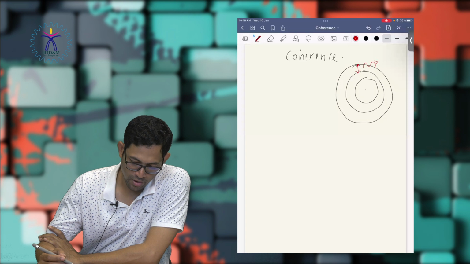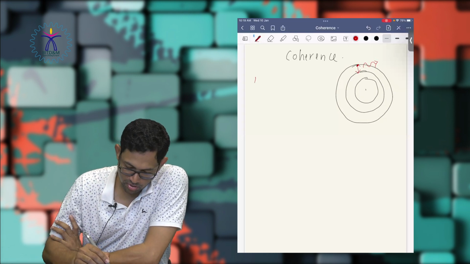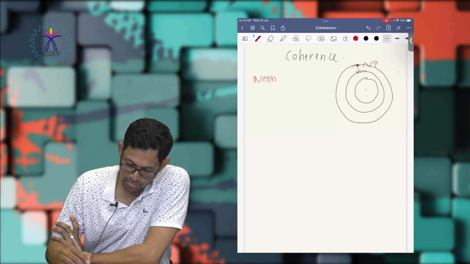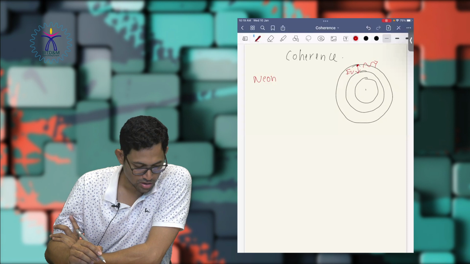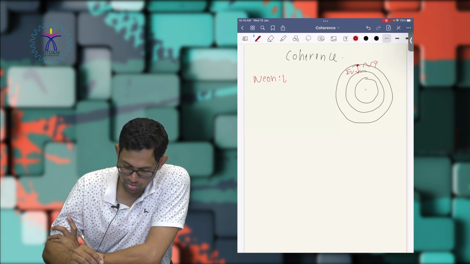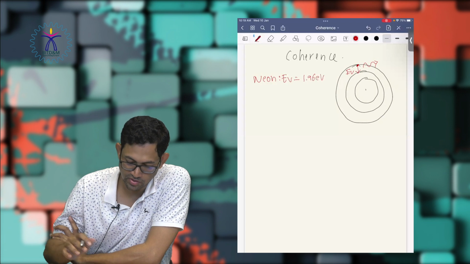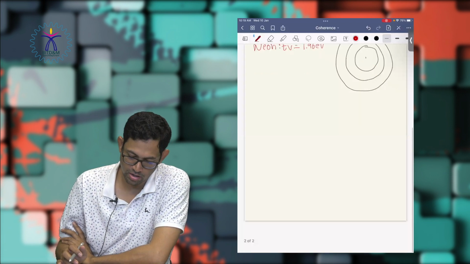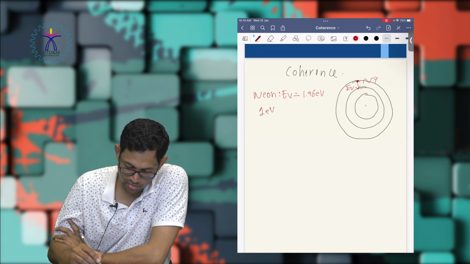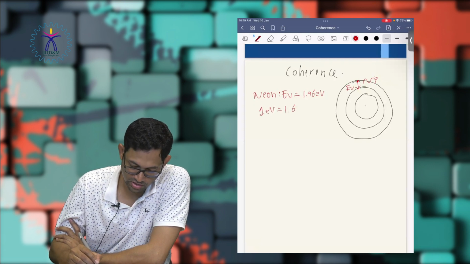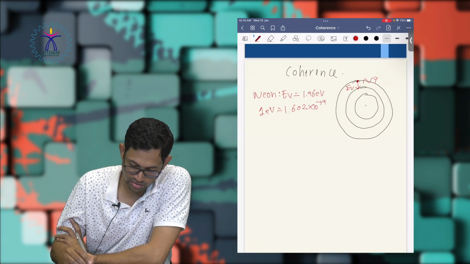Now for example, take neon. The band gap energy that the electron jumps is about 1.96 eV. And 1 eV is around 1.602 times 10 power minus 19 joules.